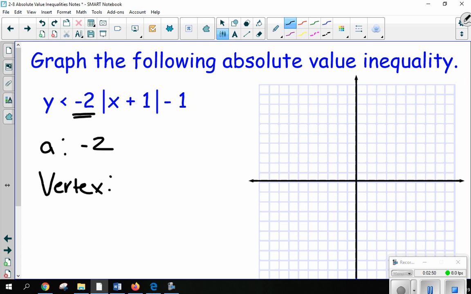My vertex, remember on the inside of the absolute values, you have to think opposite, so it's going to be -1, -1. To graph that, I'm going to start at -1, -1, and then I'm going to go down 2 over 1, both ways.